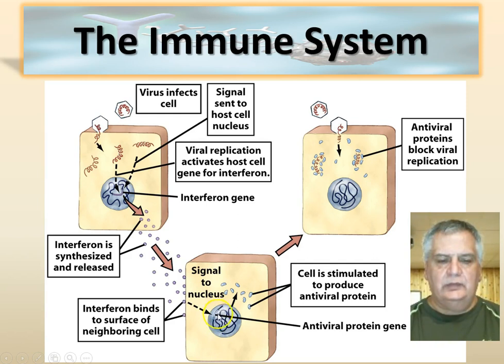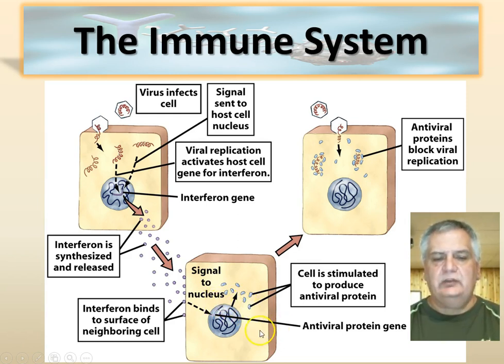So here on the cell is an antiviral protein gene, and that gene will become activated. It'll be transcribed and translated by ribosomes to make antiviral protein.